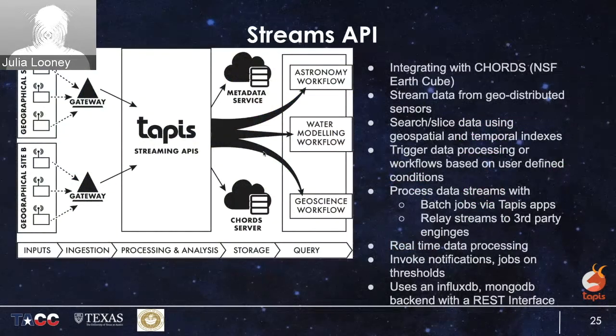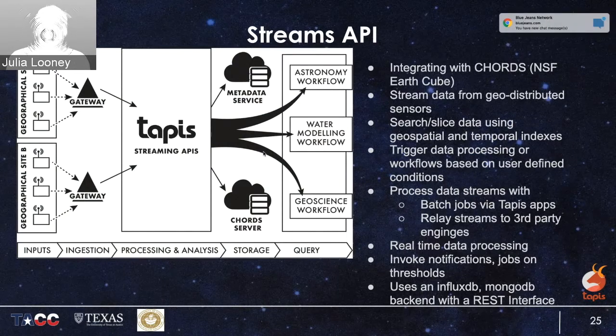And so this particular project integrates with CHORDS, as Rich mentioned earlier. And so essentially there's data that's constantly streaming from geo-distributed sensors. And so the Streams API can help trigger data processing or workflows based on conditions that the user provides.